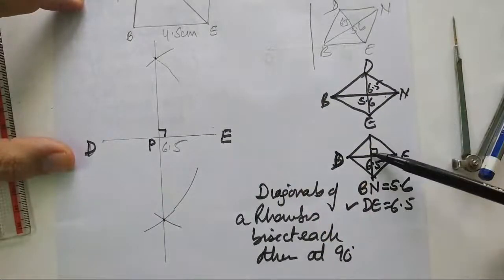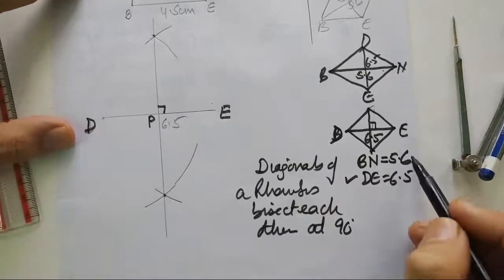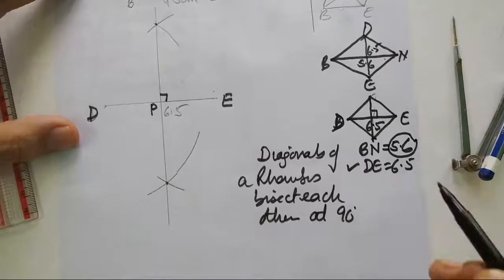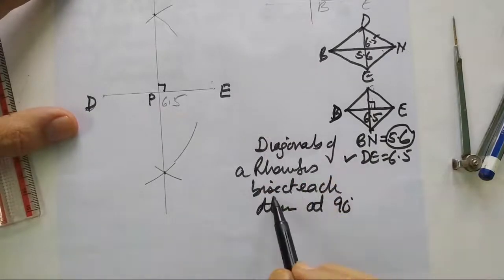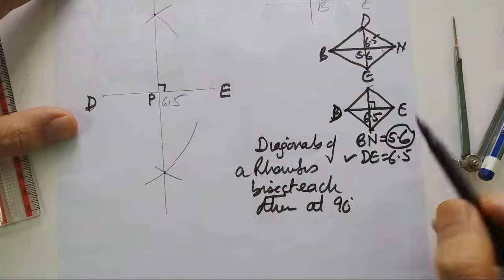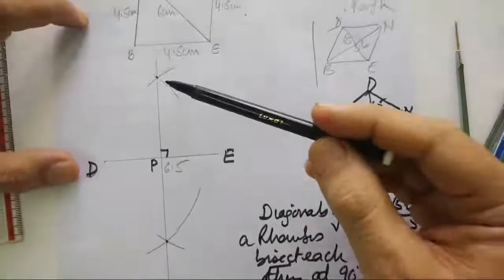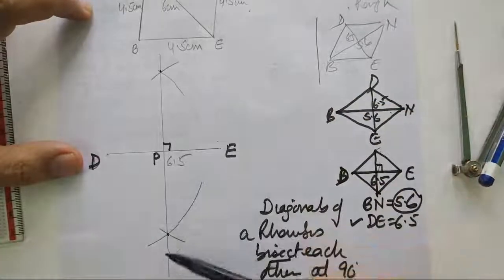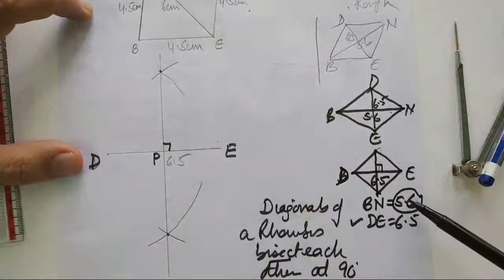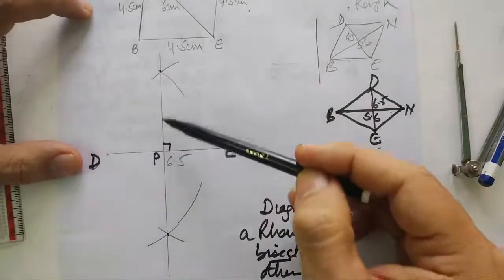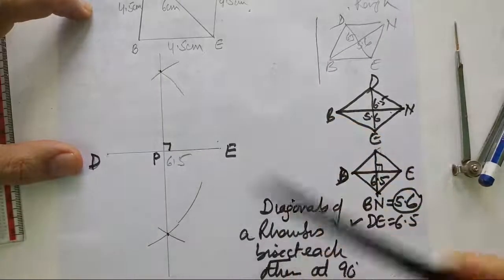Now I will make full diagonal whose length is 5.6, and since they bisect means cut into two parts, these two parts of the diagonal will be equal. This means this full diagonal should be only 5.6 centimeter long. So half diagonal will come up and half diagonal will come down.